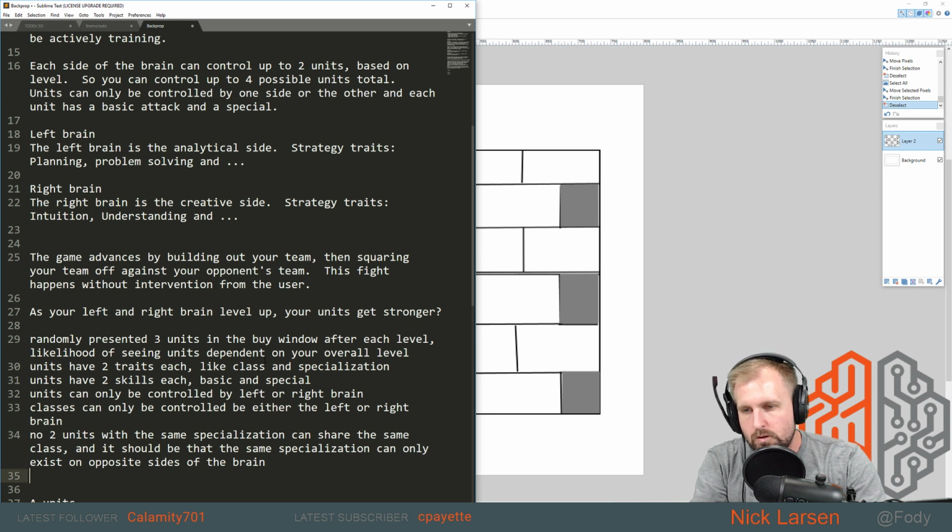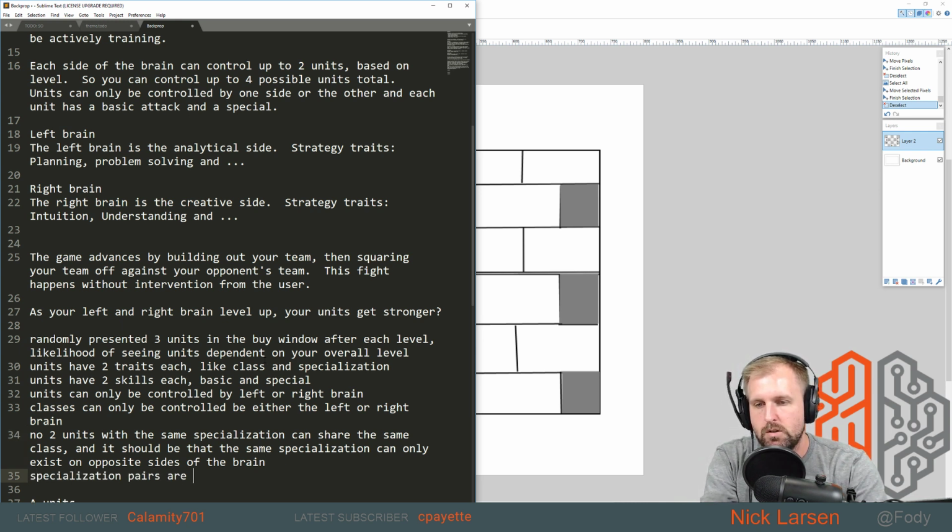Specializations are more powerful. Specialization pairs are more powerful than class pairs.